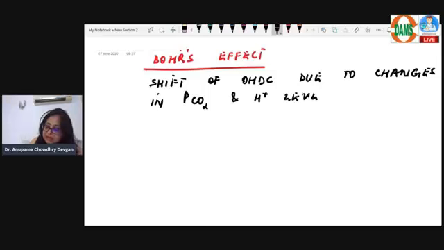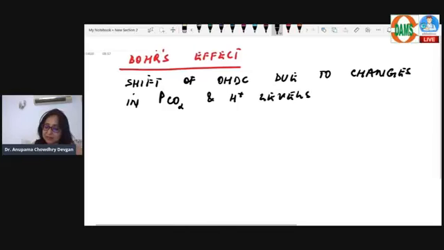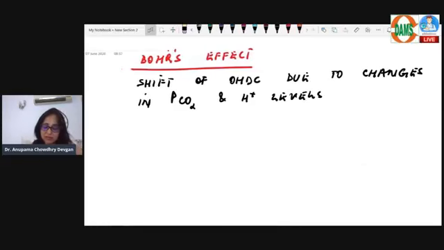This is known as the Bohr's effect. This is a normal thing which happens. So let us see what this Bohr's effect is.